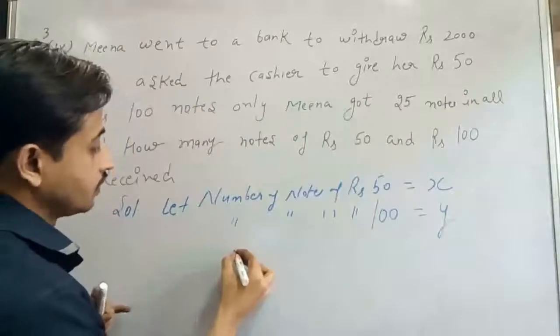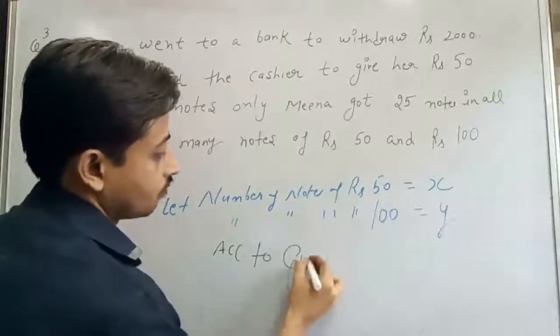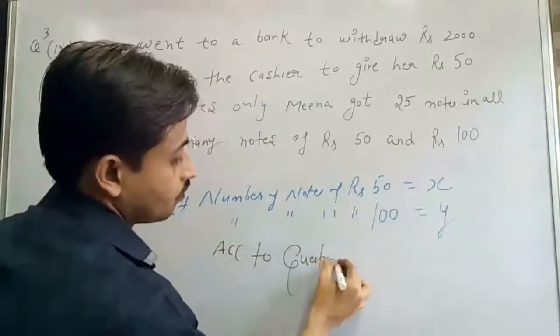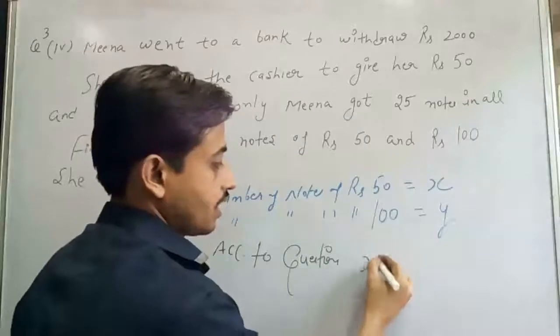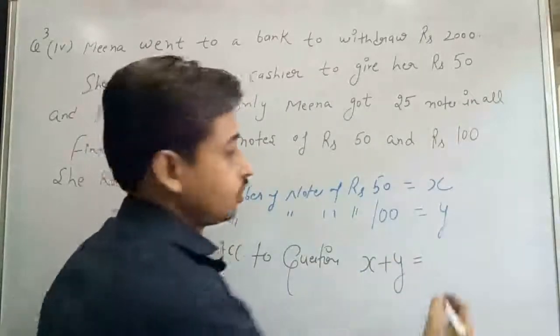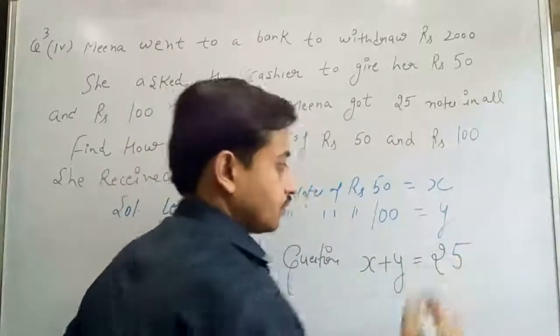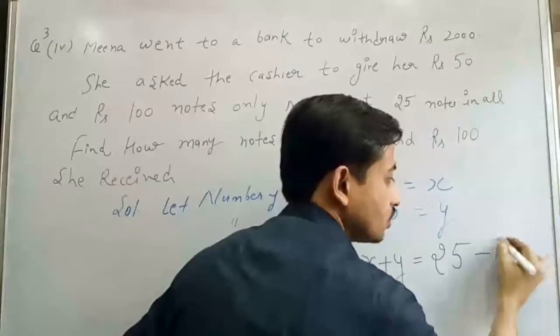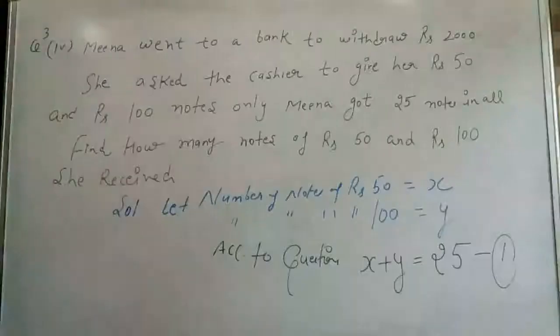It means according to the question, number of notes x plus y is equal to 25. This is equation number 1. Now please read the next part.